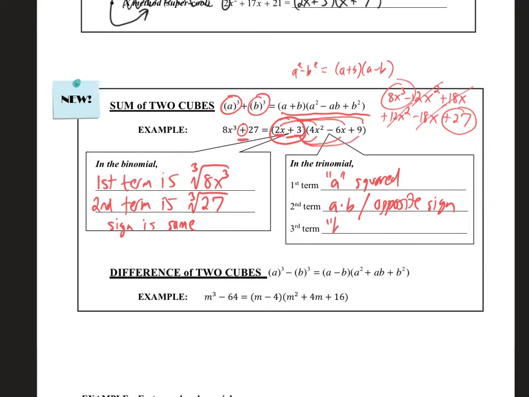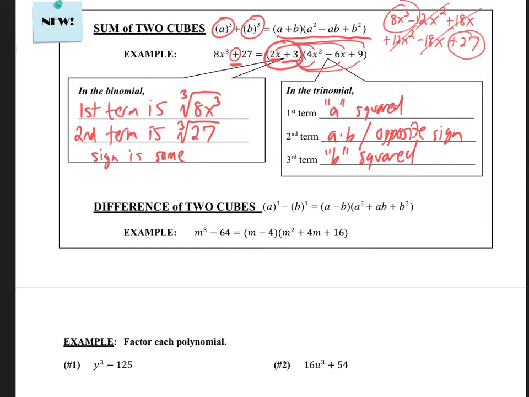And the third term is b squared. On your factor flow chart, you will have the pattern. You just need to memorize that it's a plus b times a squared minus ab plus b squared.